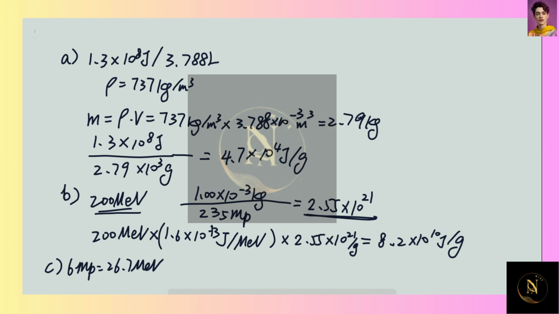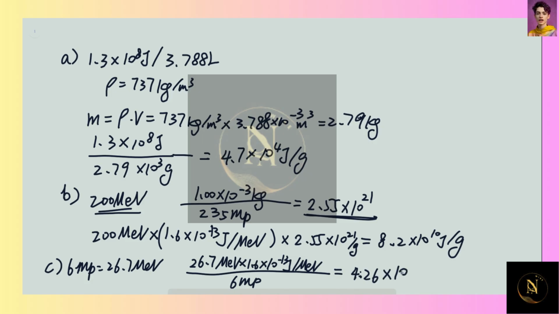So we have 26.7 MeV, and again we do the unit conversion into joule, and then we divide by 6 times the mass of proton. So this gives us 4.26 times 10 to the 11 joule per gram. Okay, so that is for part C.